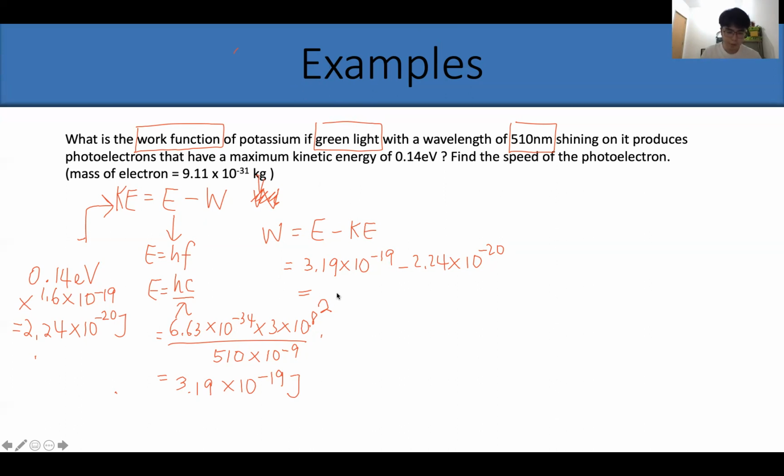So this one is 2.9 times 10 minus 19. Okay, something's wrong here.